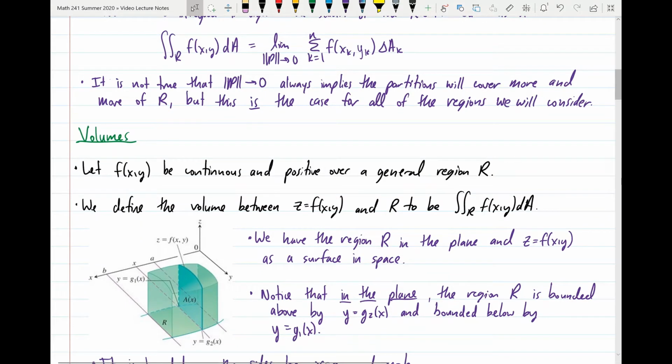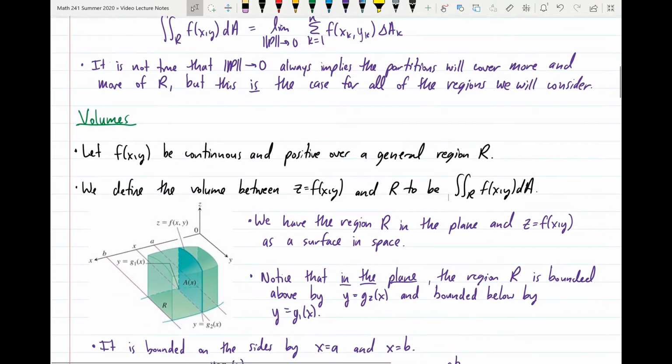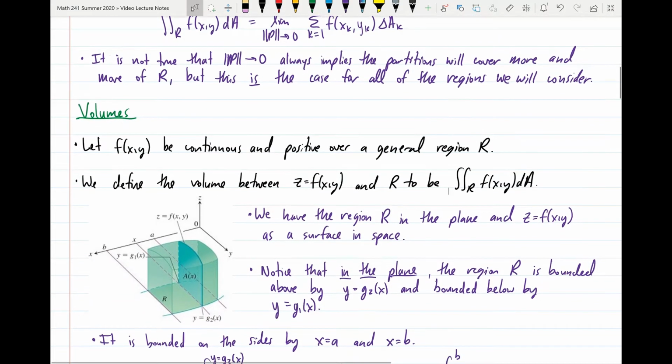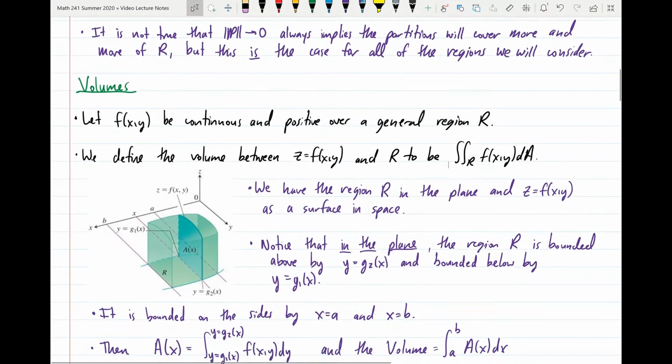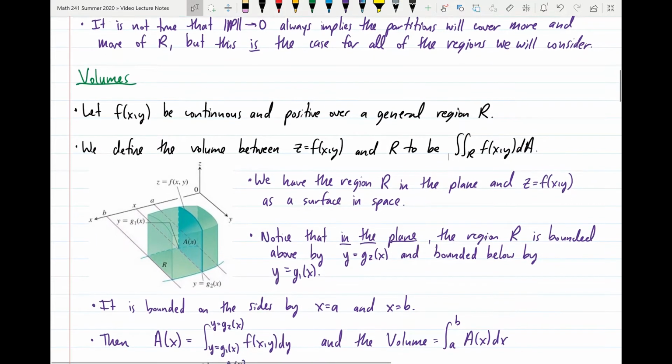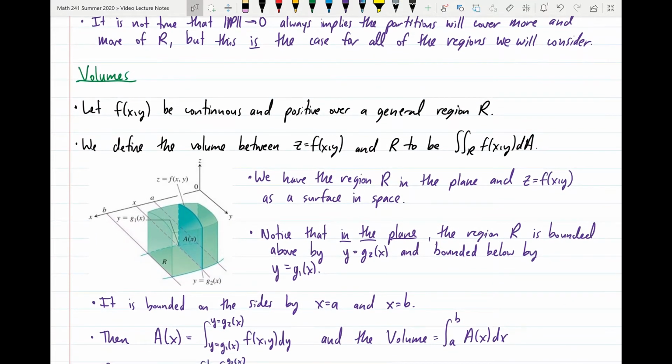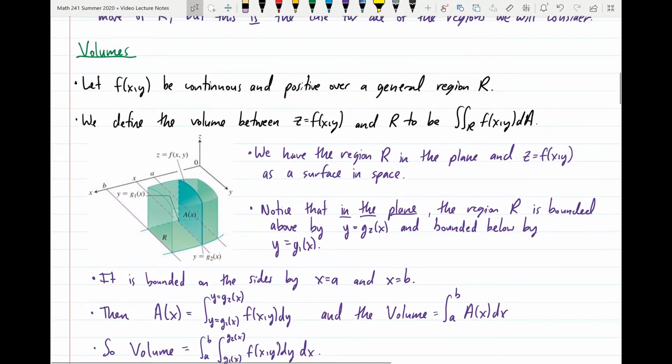So the double integral for general regions will have the same geometric interpretation as it did in section 15.1, where it represents the signed volume between the xy plane and a surface in space represented by the function f of xy. So we will talk about that here a little bit and also develop a method for calculating double integrals over general regions.